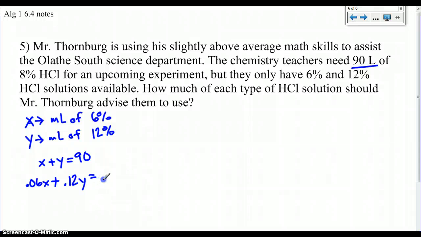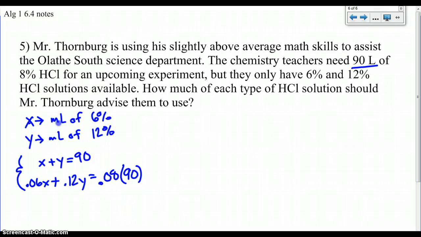But here's the part that gets people. This equals not just 0.08, but 0.08 times 90. This equation right here is the amount of pure hydrochloric acid we're dealing with. 6% of X, 12% of Y, and it has to equal 8% of the 90 liters.